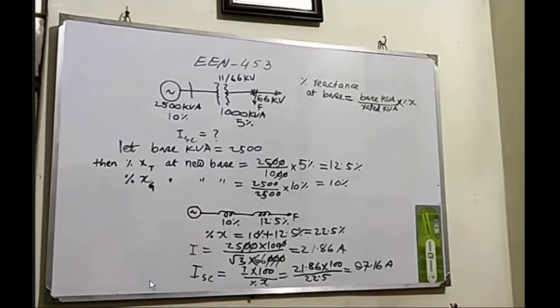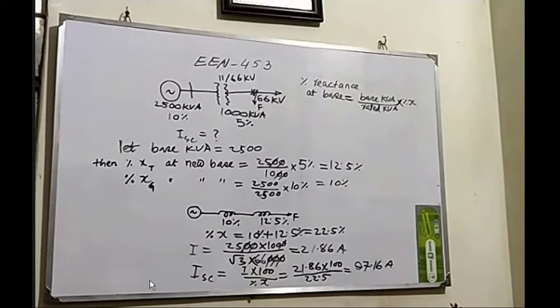Suppose we want to reduce it to 80 ampere or 60 ampere. Suppose a 97.16 ampere circuit breaker is not available in the market. Near you, around a 50 ampere circuit breaker is available in the market. Then what will you do?